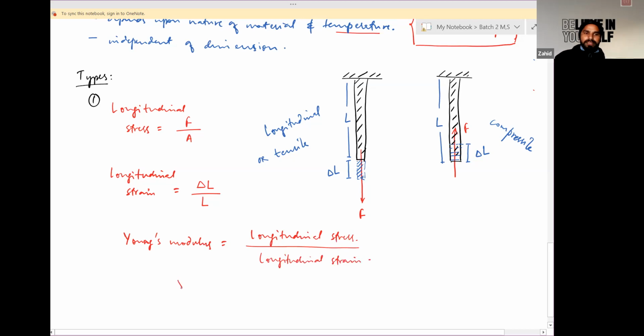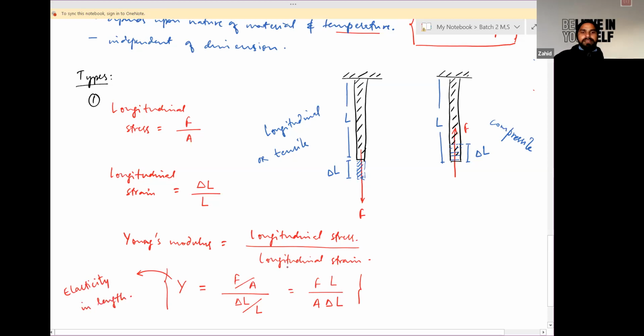Young's modulus is denoted by Y. Longitudinal stress is force divided by area of cross section, whole divided by longitudinal strain, that is delta L divided by L. So on rearranging, it will be F times L divided by A times delta L. Since this deformation is along length, Y, that is Young's modulus, is also called elasticity of body in length.